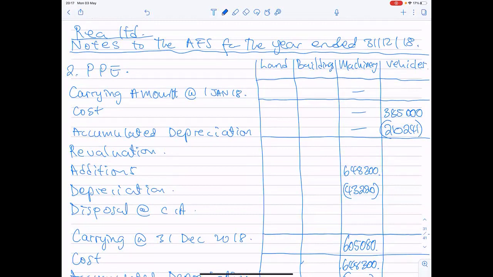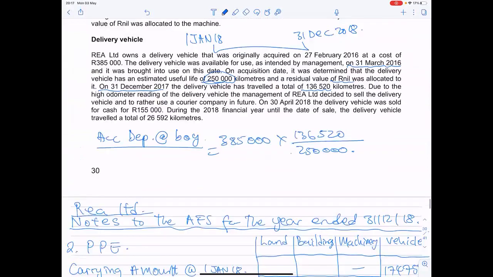Then our carrying amount, 385,000 minus that, you get 174,759. Then we are going to charge the depreciation in the current year.